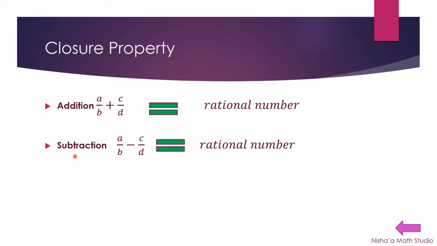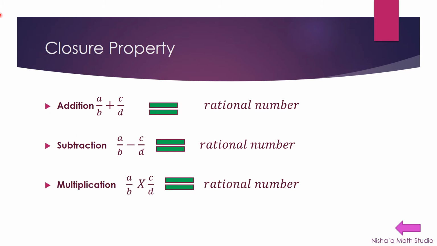What about subtraction? Even in subtraction, a divided by b minus c divided by d, these two are rational numbers. When you subtract them, the result is also a rational number. In multiplication also, a by b multiplied by c by d, the result is a rational number.